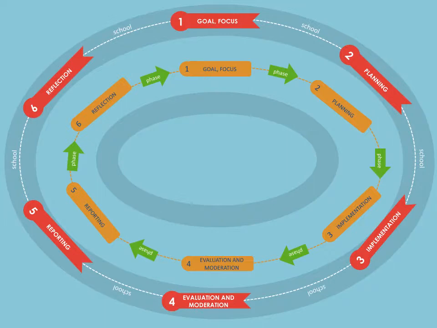So what you want to see is that the goal the school has set goes down into that phase, but gets adapted and customized for the particular phase. In their planning, it might mean they look at different methodologies that they use in the classroom. They might say, for foundation phase, we need to focus on these aspects rather than another aspect.